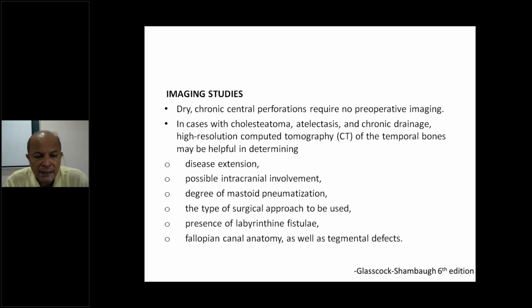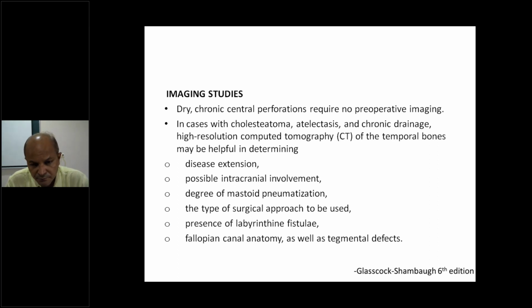Then the degree of mastoid pneumatization. Based on that, we have three radiological types of mastoid: a sclerotic mastoid, a diploic mastoid, and a pneumatic mastoid. A sclerotic mastoid is normally seen in 20 to 30% of the population, and the most common is the pneumatic, followed by sclerotic and then diploic.